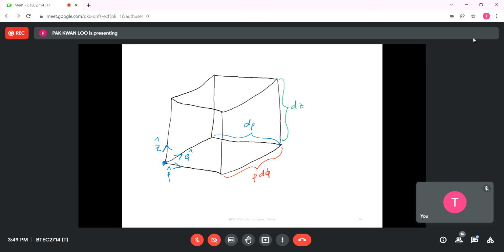So even though it's supposed to be curvilinear, because of the small differential displacement, we assume that, I will mark it with red, the length is the same here, here, here, and here. And here, here, here, and here is the same. While here, here, here, and here is the same length.